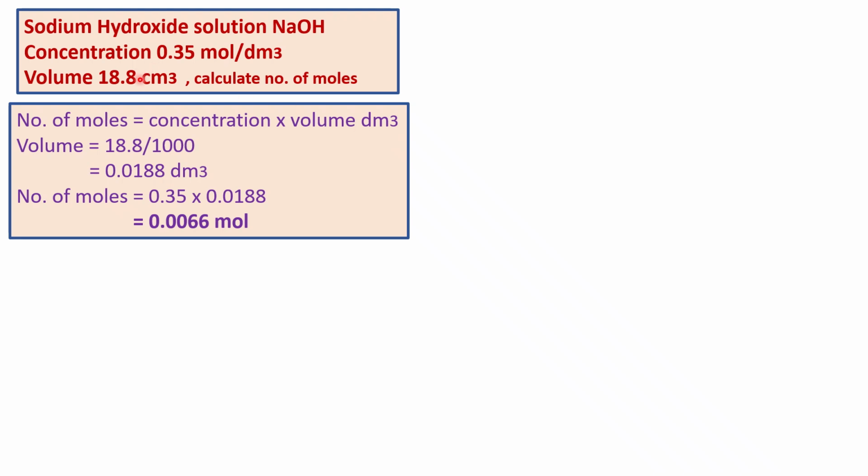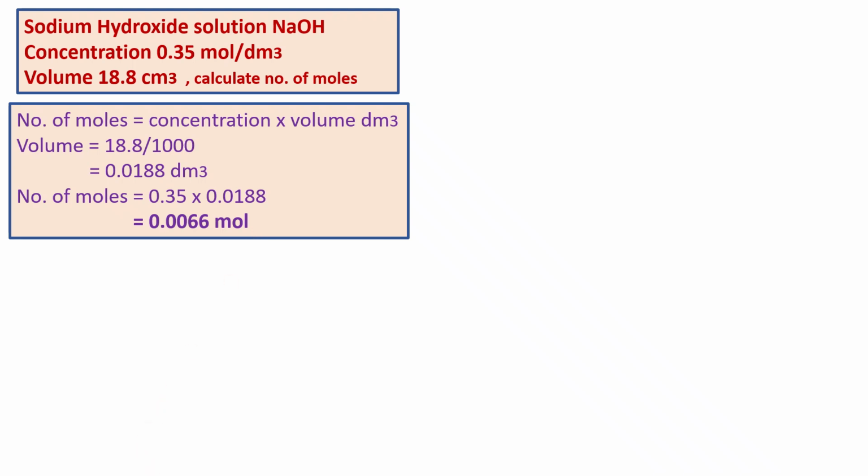First, we change the volume from centimeter cube to decimeter cube. We divide the volume by 1000. The answer is 0.0188 decimeter cube. Now we put the numbers in this equation. Concentration is 0.35 and volume is 0.0188. When you multiply them together, you get the answer 0.0066 mole, and this is the answer they want.